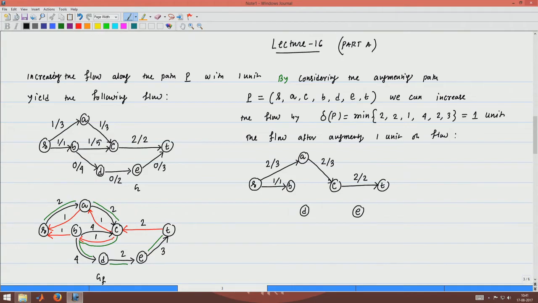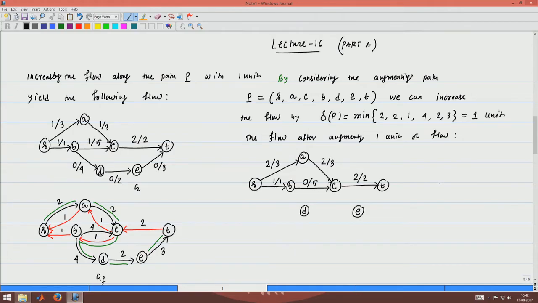The use of a backward edge in the augmenting path is basically cancelling this flow. You are cancelling this flow. So the new flow will be 0 and the capacity is 5. This is a very important step.